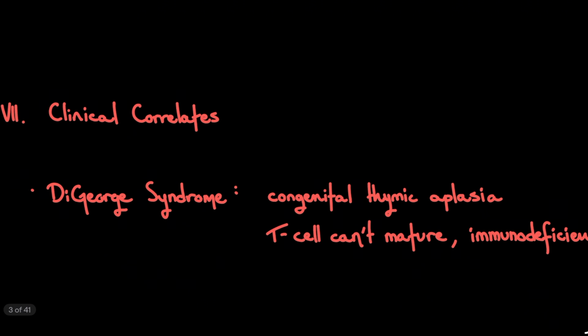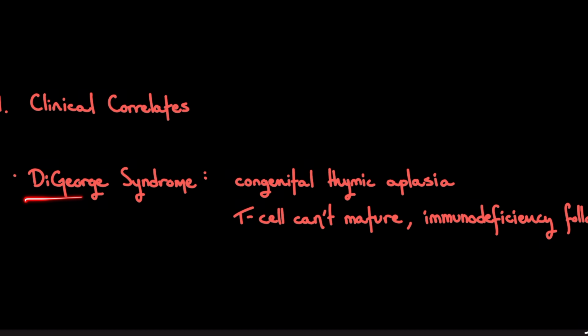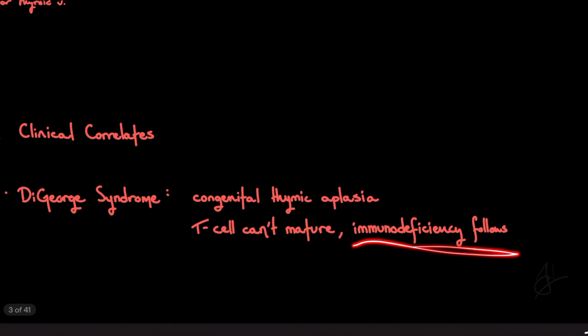Then a cool clinical correlate. You have something called DiGeorge syndrome. And this is the fancy way to say congenital thymic aplasia. Congenital means during formation, and aplasia means it didn't form. So you just don't have a thymus. So that means T cells can't go to college, they can't mature, they can't learn how to be T cells, and you have crazy immunodeficiency.